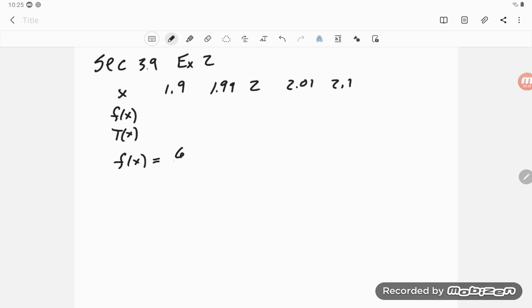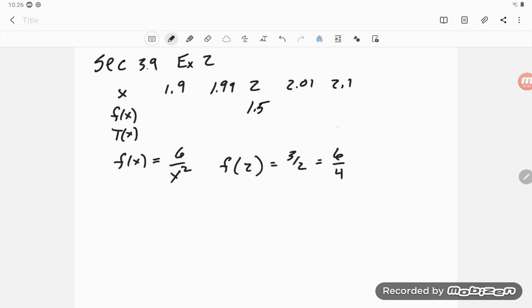Let's see, this is number 2, so what we have is our f of x is equal to 6 over x squared, and they fill in the 2 for us. They tell us f of 2 is equal to 3/2. Now we can check that. We should have 6 over 4, and sure enough, that's 3/2. So here we have 1.5.